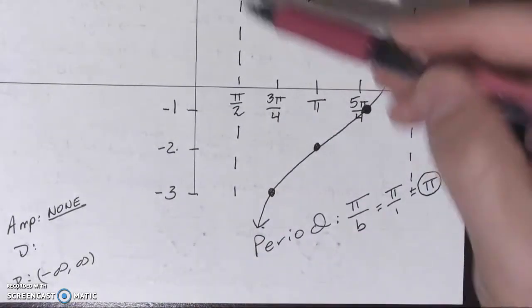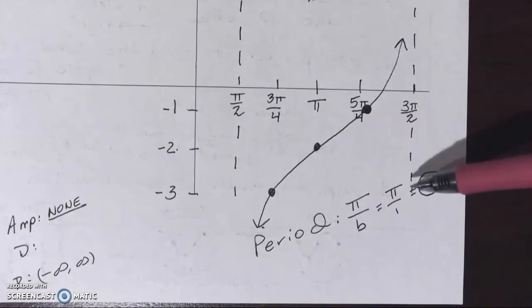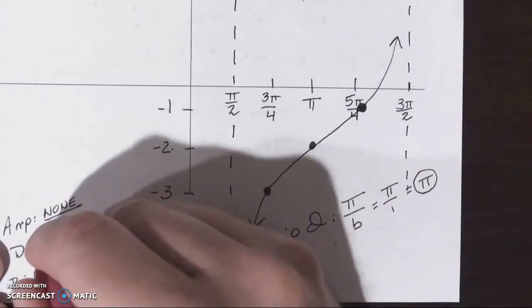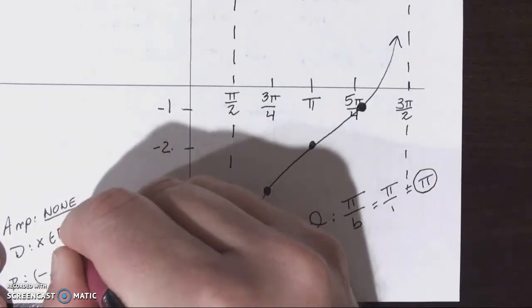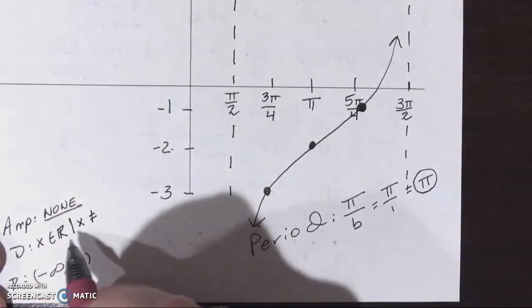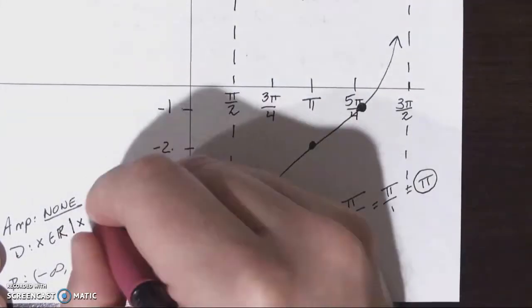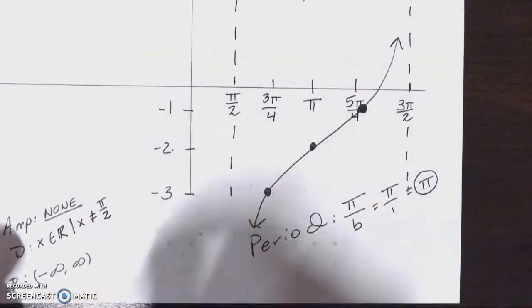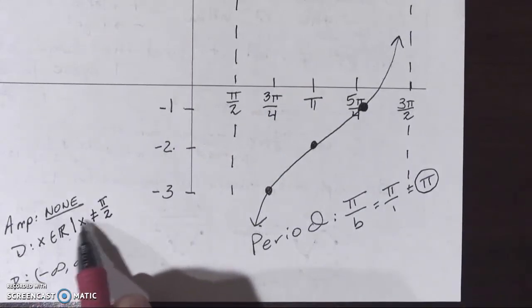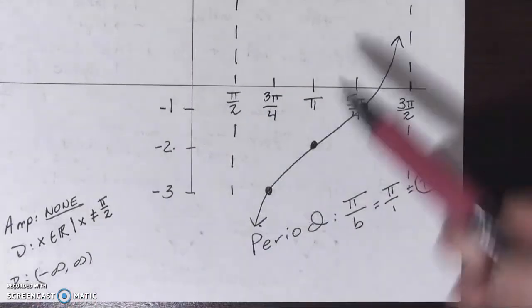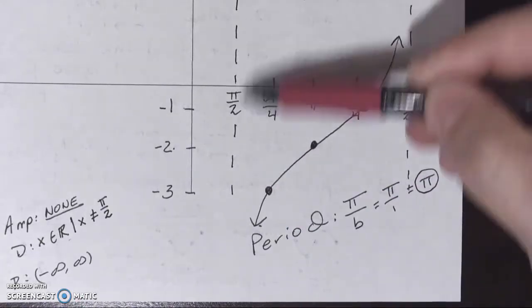When a cyclical graph has asymptotes, okay, here's how we do that. We're going to say that x is in the set of all real numbers such that x is not equal to pi over 2. So x is defined for all real numbers except x can't equal pi over 2.